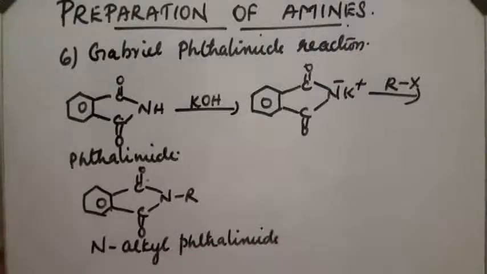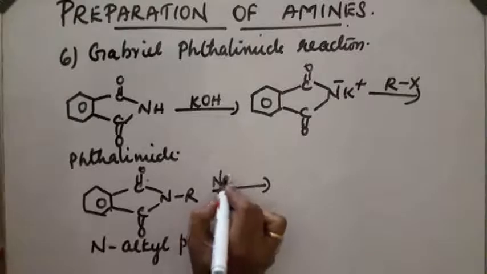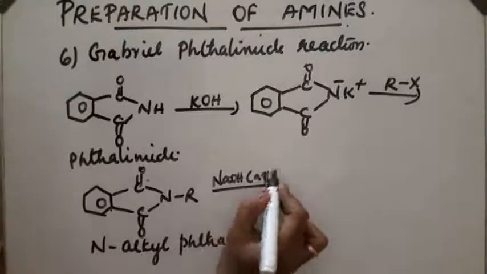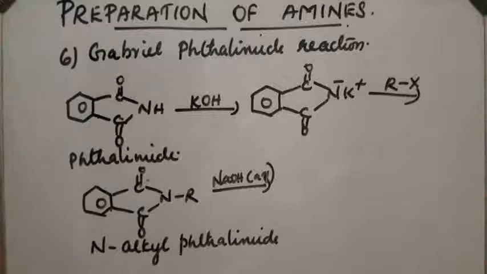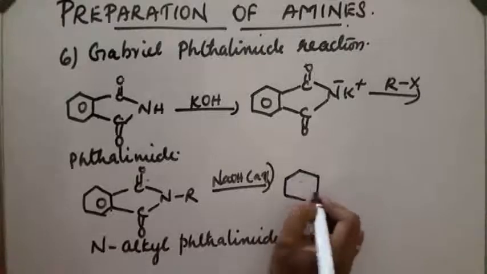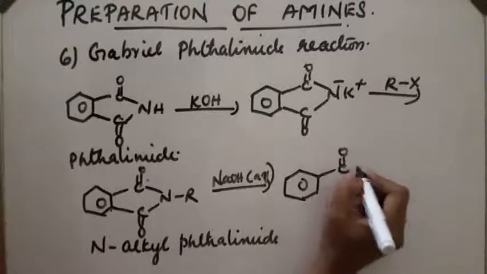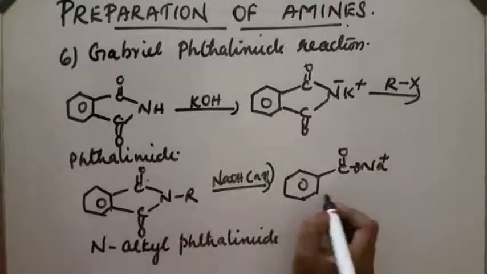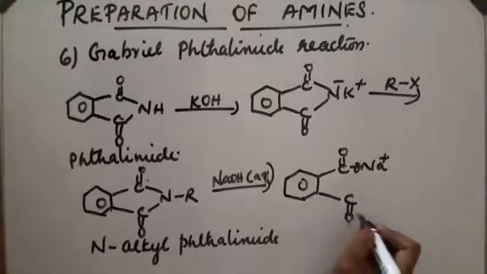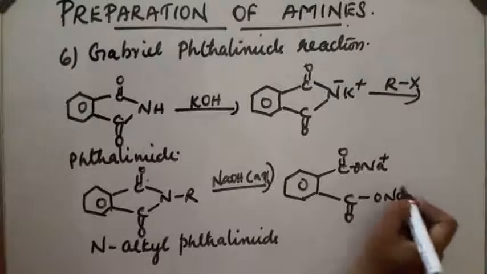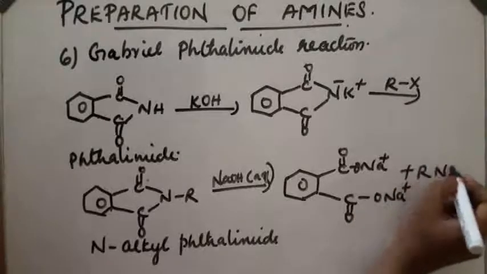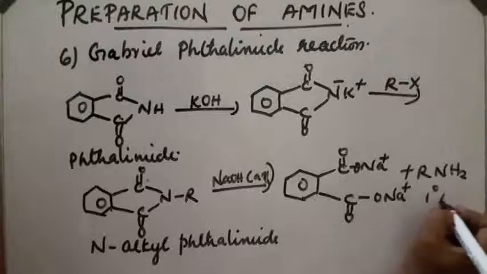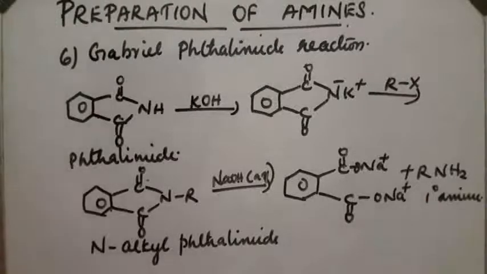On hydrolysis, the compounds obtained will be the sodium salt, C double bond O, ONa, plus RNH2, the primary amine. This will be the reaction, Gabriel phthalimide reaction.